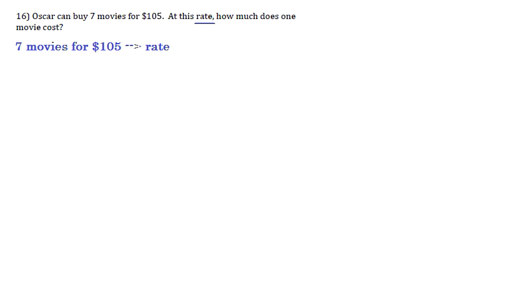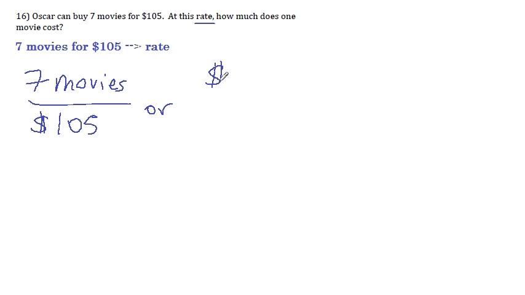With that rate, we can set up one of 2 fractions. We can either say 7 movies over $105, or we can do $105 on top and the 7 movies on the bottom. The question will tell us which fraction to use.